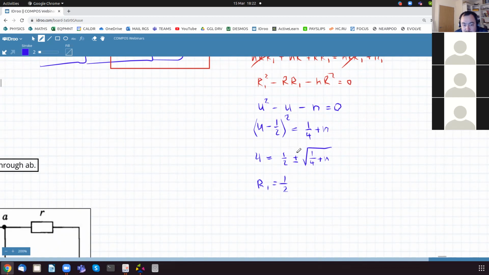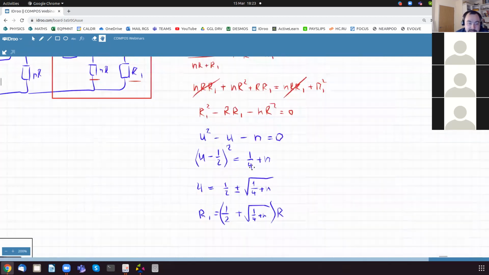Now, it's going to be plus, because if you notice, minus will give you a negative value. Resistance cannot be negative. So it's going to be plus square root of 1/4 plus N, multiplied by R.